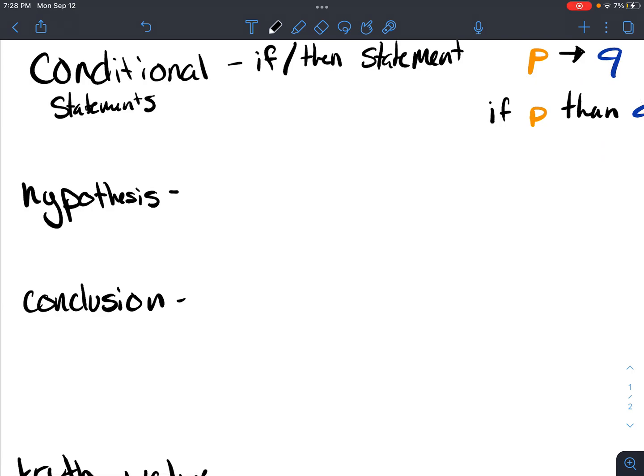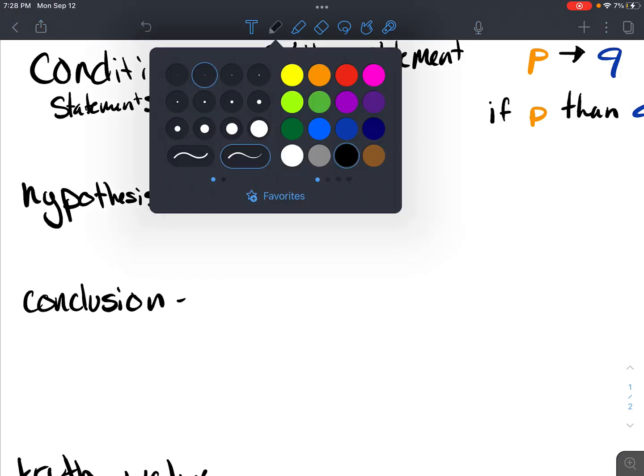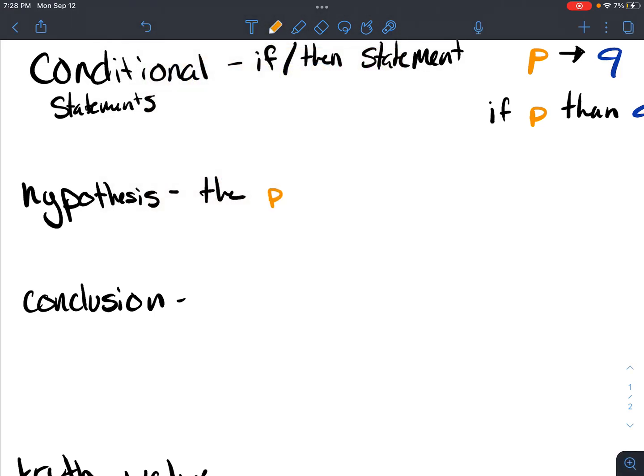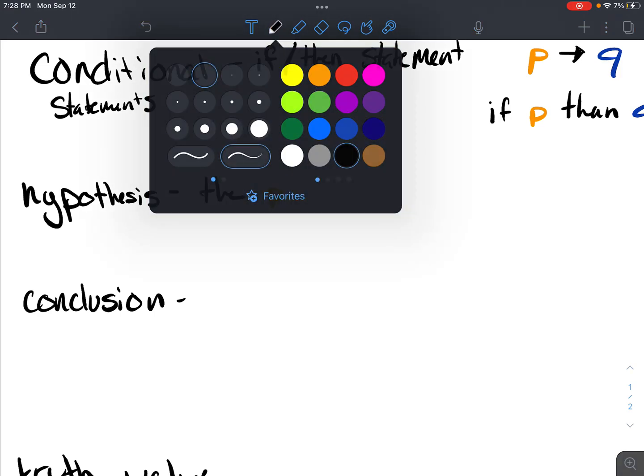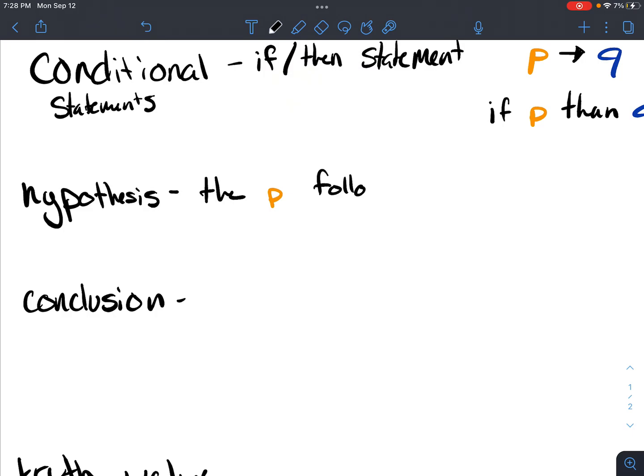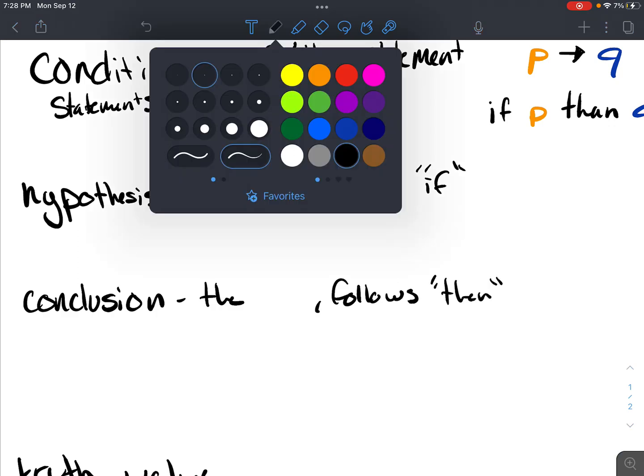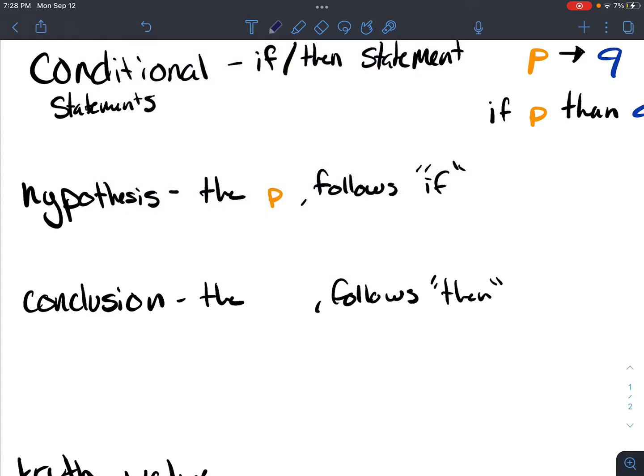This is the P, and this follows the if. And then the conclusion is the Q, and it follows the then. So this is the Q.